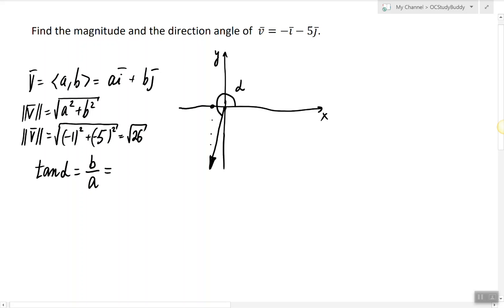So in our case, the tangent alpha will be equal to -5 over -1, which is 5. So we're looking for angle alpha in the third quadrant, whose tangent is equal to 5.